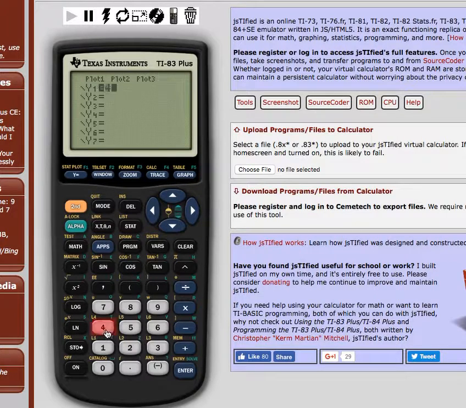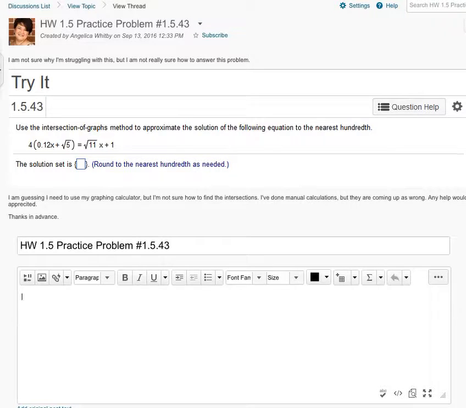So 4 times 0.2x plus, and we need to do square root of 5. Close that and close that. Make sure I had that right.